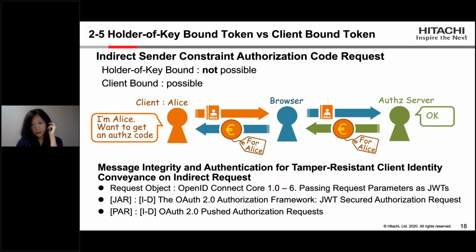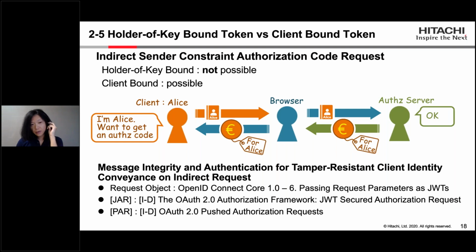However, we need to consider the following one point: the message integrity and authentication of the client identity sent from the client to the OAuth server indirectly via the end user's browser.